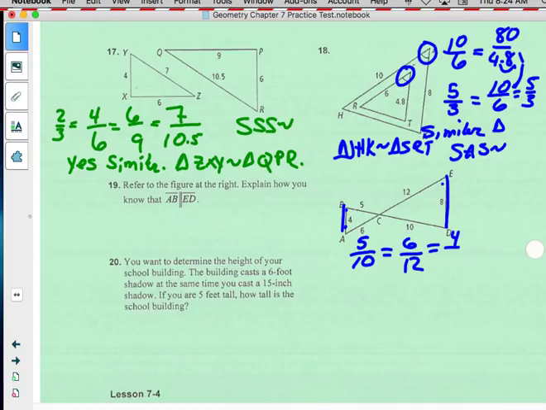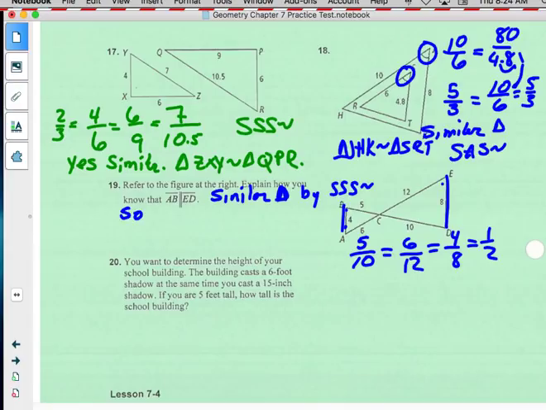And 4 to 8 as well. And I'm looking at this as 1 to 2 all the way across. So these are similar triangles by side similarity. And because they're similar, all the interior angles are the same.